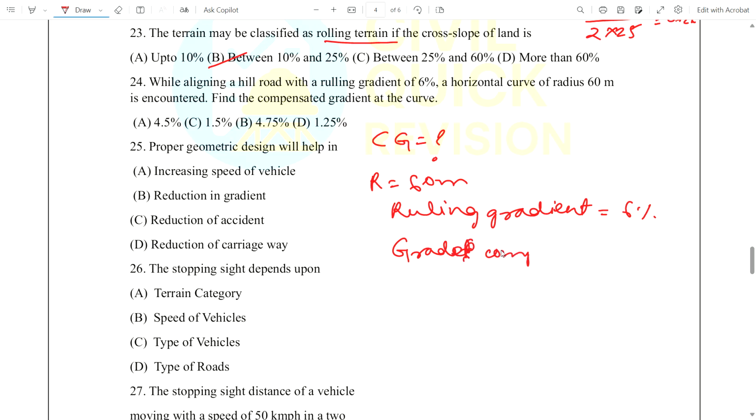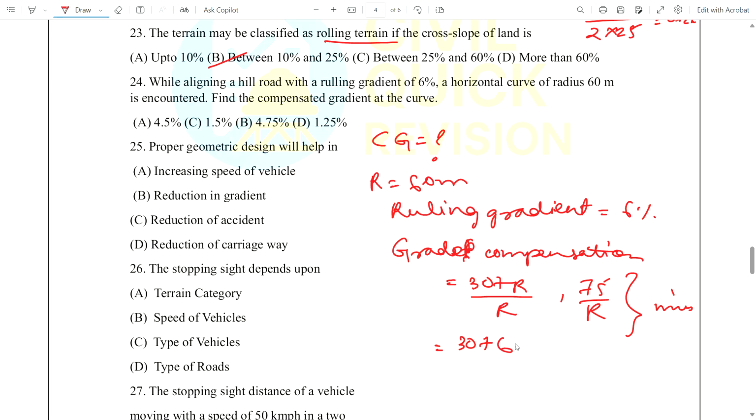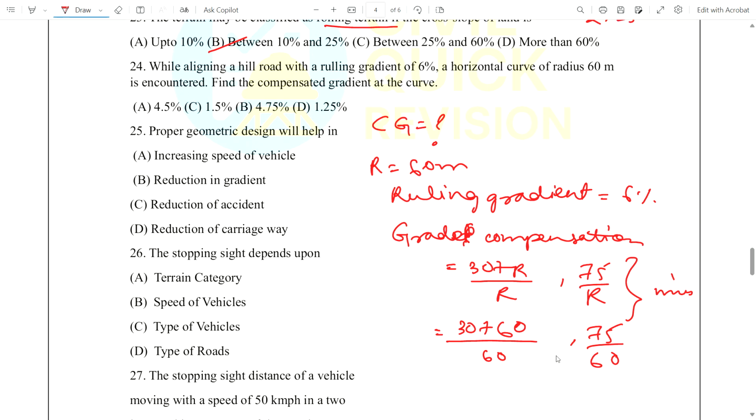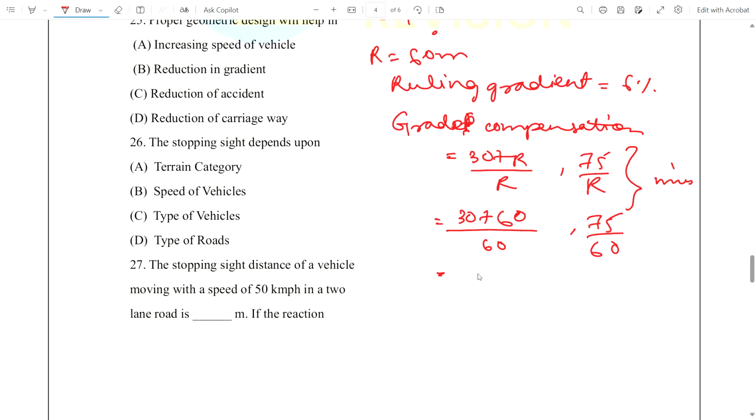Grade compensation is equal to (30 plus R) by R, and 75 by R. We take the minimum of these. If we put the value R is 60, 30 plus 60 by 60 is 90 by 60, the answer will be 1.5. Now 75 by 60, we get 1.25. The minimum is 1.25.